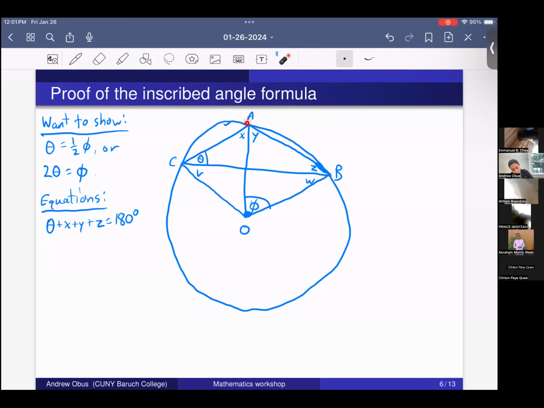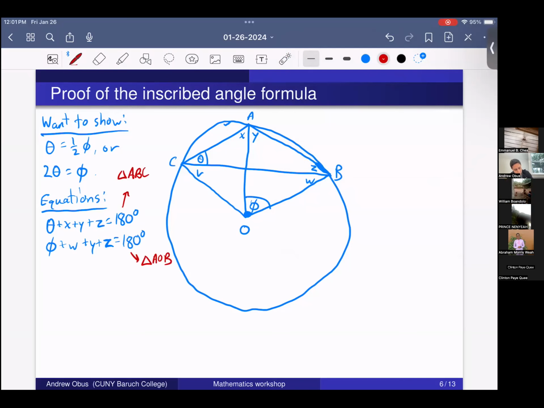That's also a triangle, so everything adds up to 180 degrees. So that tells me that phi plus W plus Y plus Z equals 180 degrees. Maybe I'll say that the first one is from triangle ABC, and this one here is from triangle AOB. I'm just adding up all of the angles in the triangle and saying that it's 180 degrees.